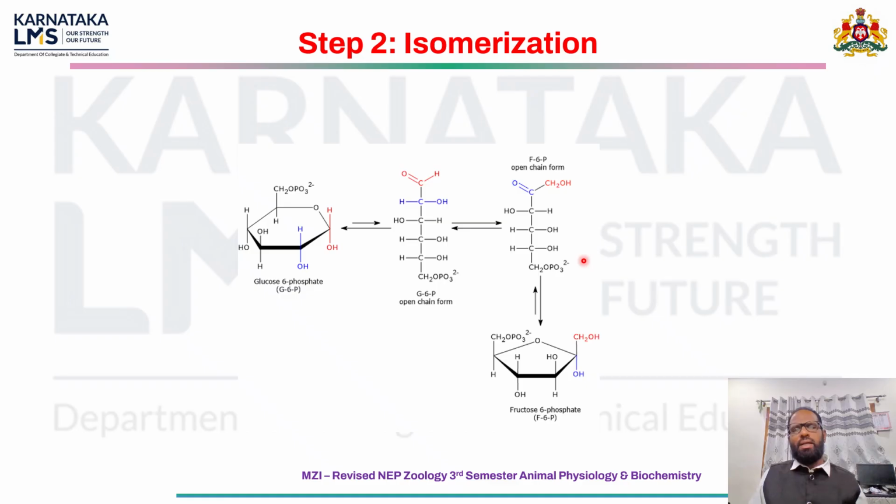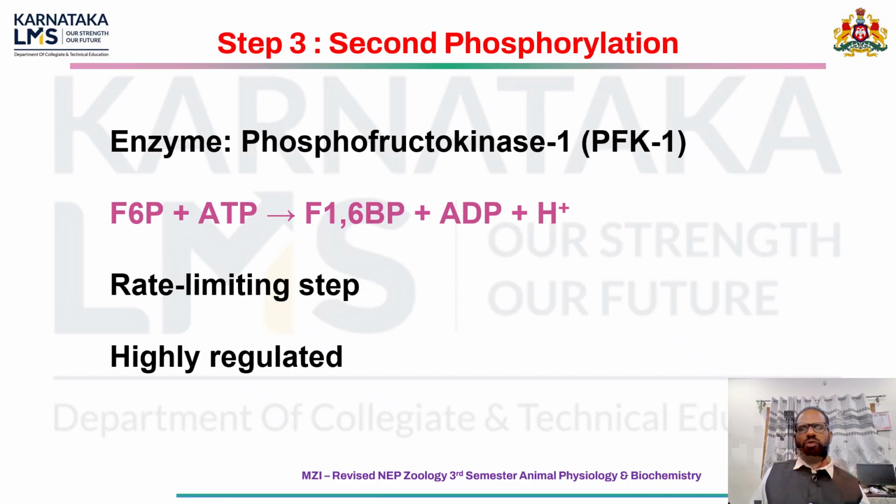This also happens in the open chain form only. Once the conversion occurs, it gets converted into the furanose ring structure, so fructose 6-phosphate has a furanose structure. This is how the isomerization takes place.